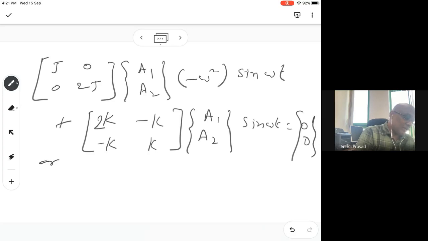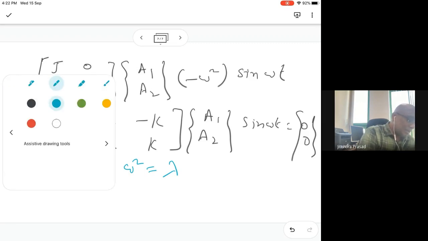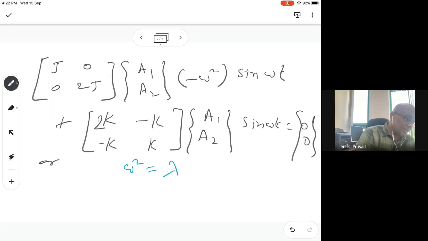Now what we see is sine omega t is common to both, so we can get rid of this, and finally we can combine them together, this and this. And we can assume omega square equal to lambda.